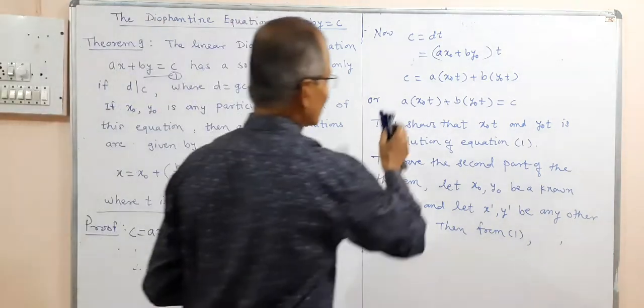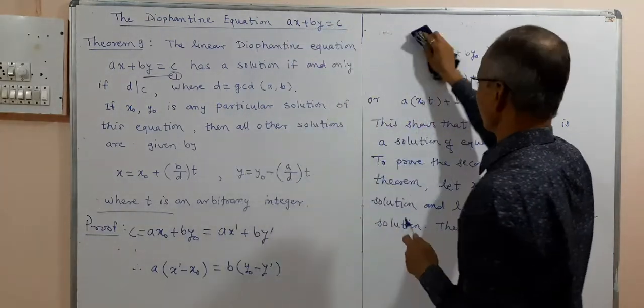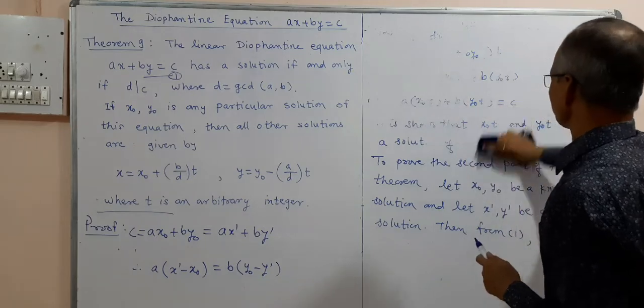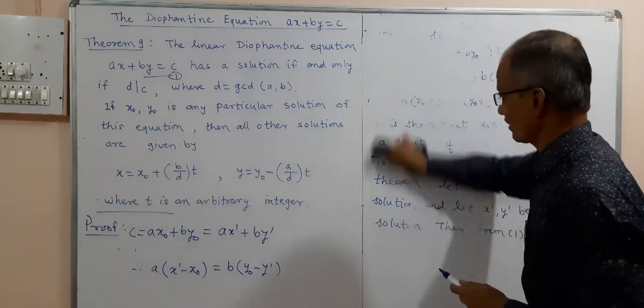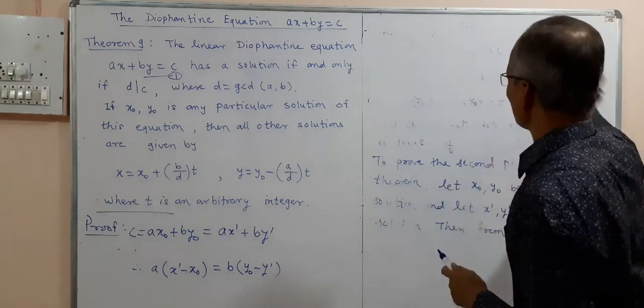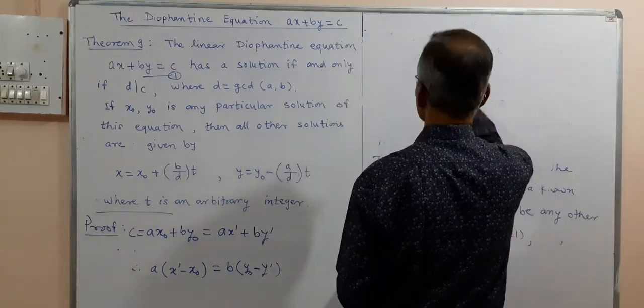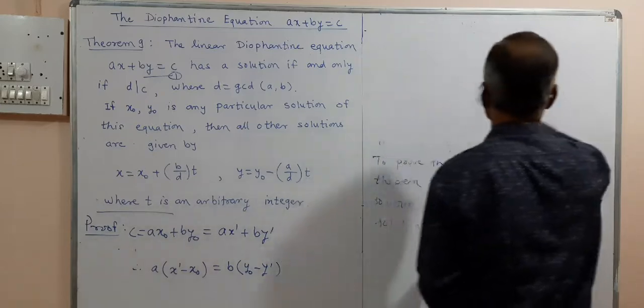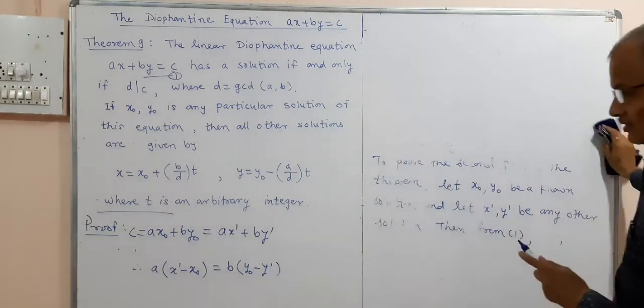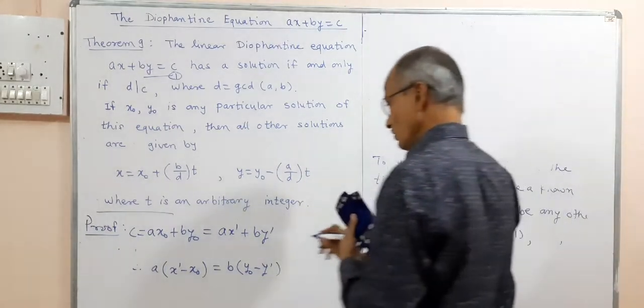Now what we shall consider is GCD of a and b is d. And we have the values of a as dr and b as ds. So we will use that value.